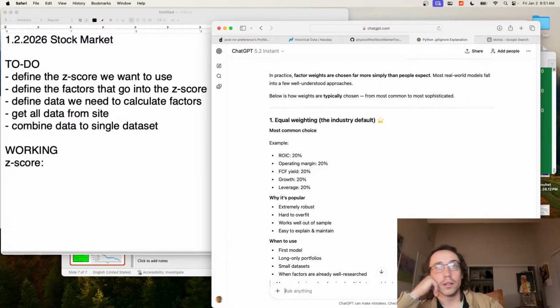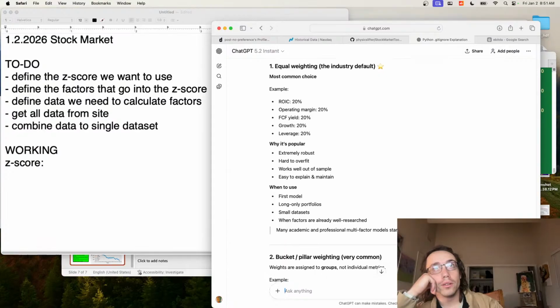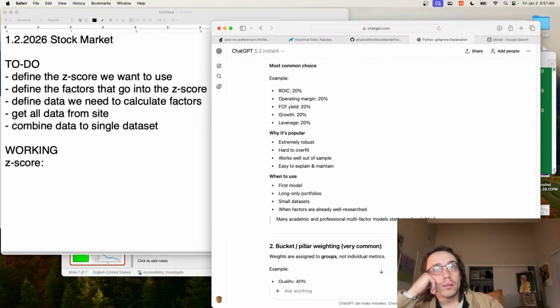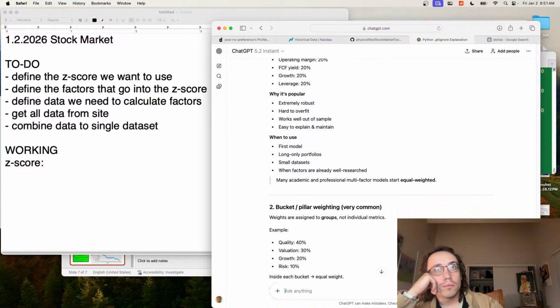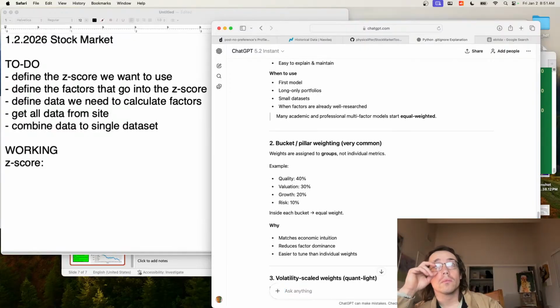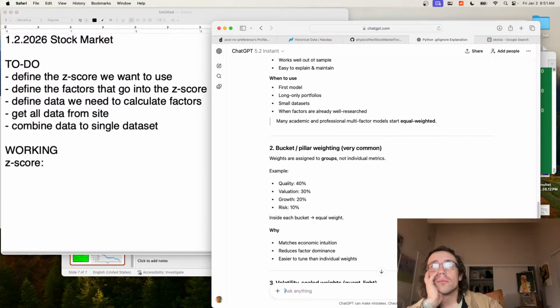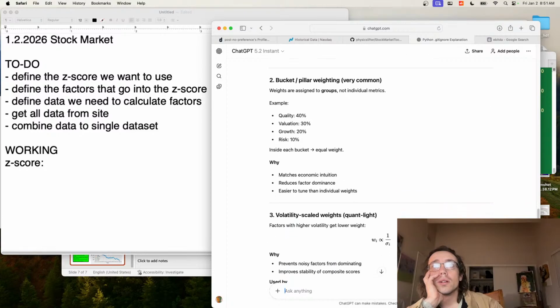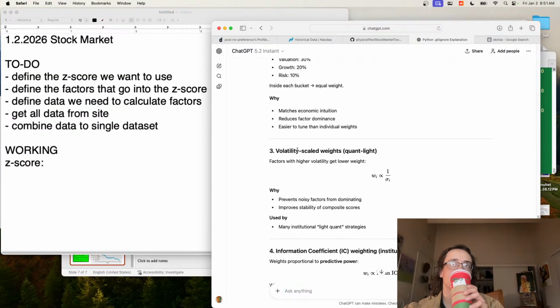Okay, so I'm just reading this about how to weight the z-score. Okay, equal weighting. Bucket pillar weighting. Weights are assigned to groups, not individual metrics. Seems random.